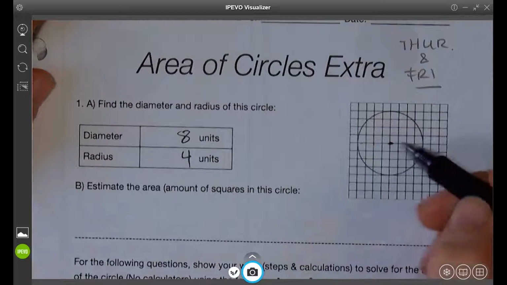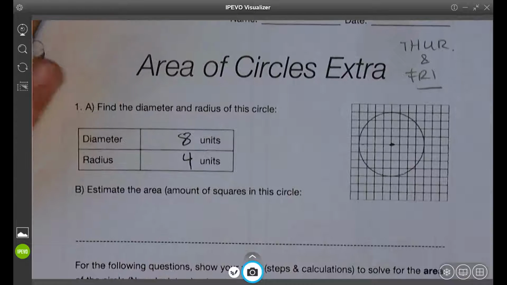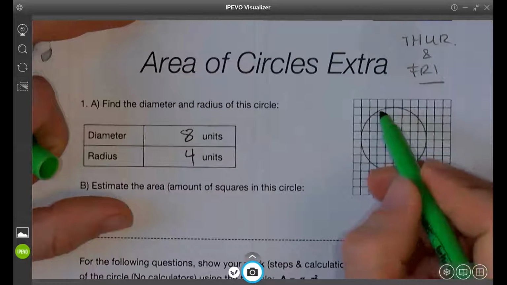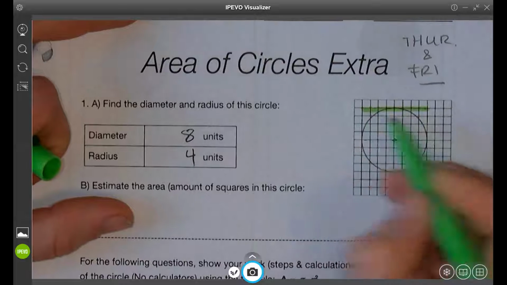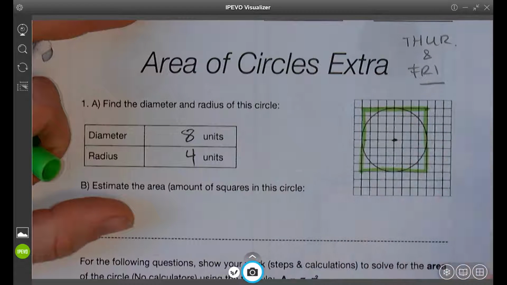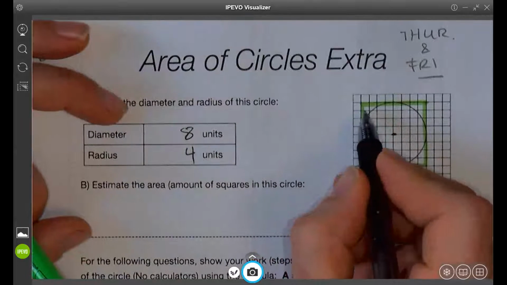So let's go ahead and do that. How are we going to do this? Well, this is what I'm going to do to estimate. I'm going to do the area of the square, the green square.